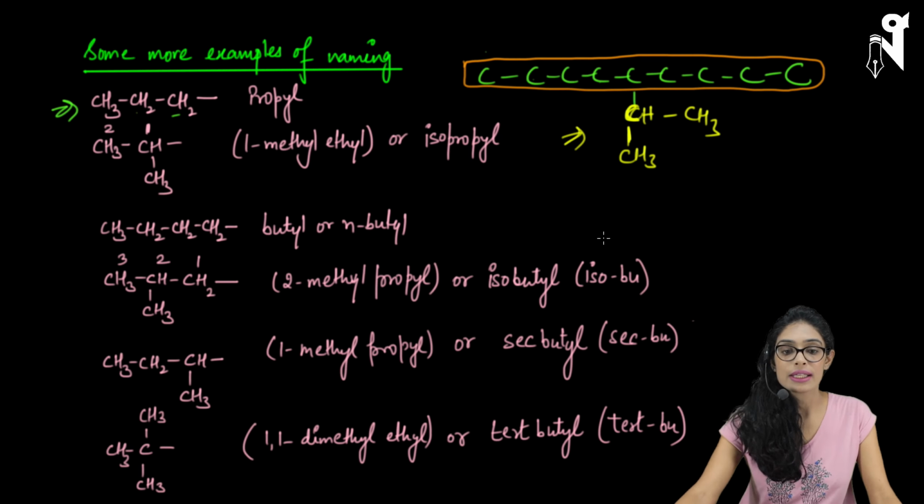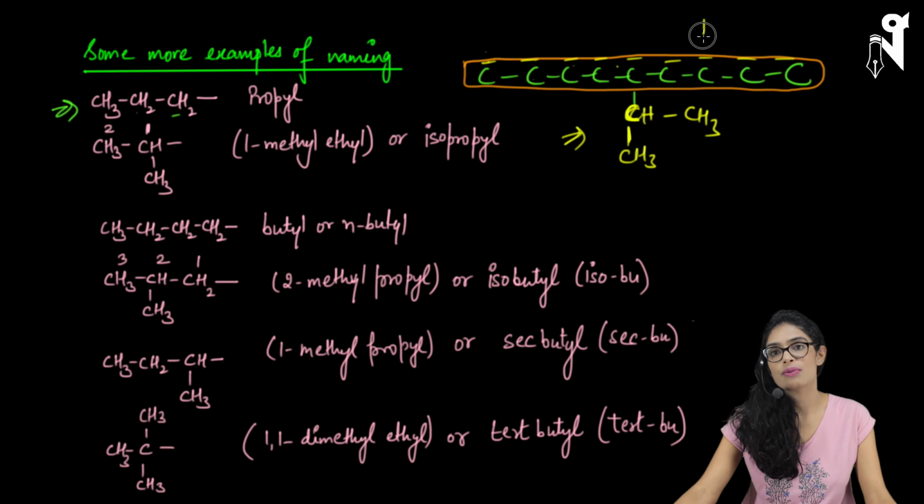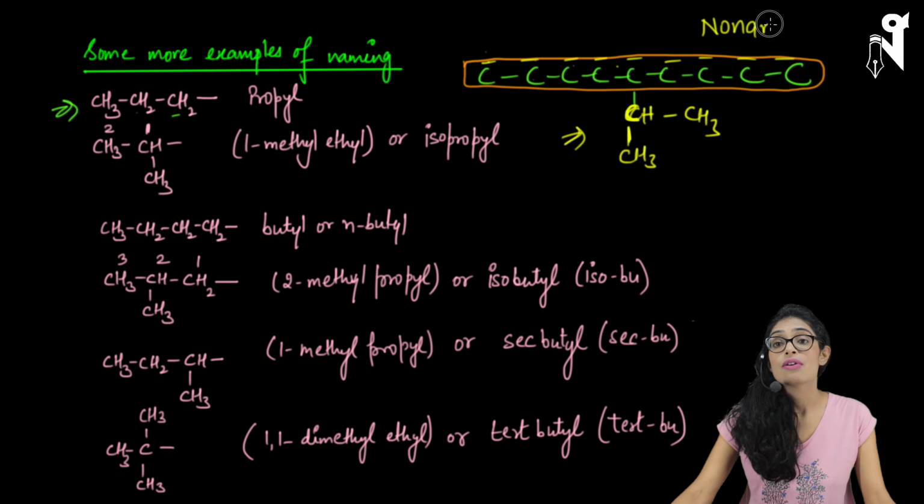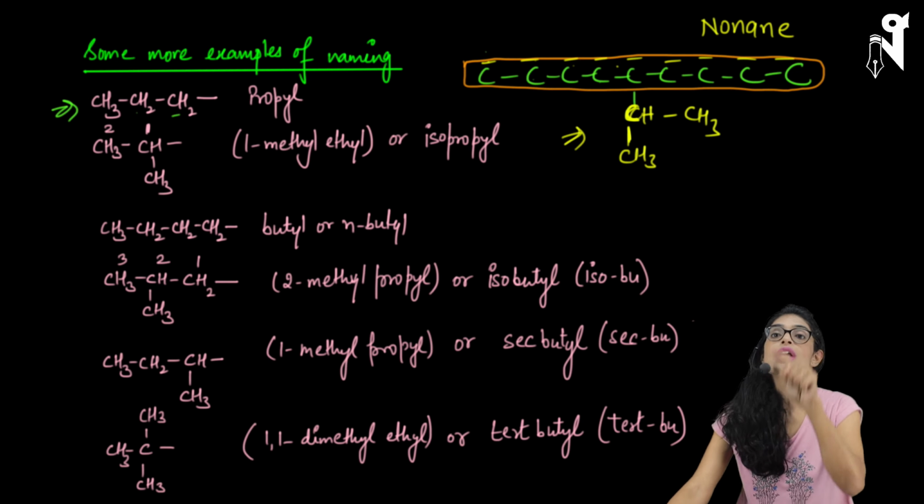Here also, this is the main chain: 1, 2, 3, 4, 5, 6, 7, 8, 9. So I have written the name, so I am done with this. Now I have to write the name of this branch. How will I write the name of this branch? I will again follow the same set of rules. I'll try to find the longest possible chain in the branch also.